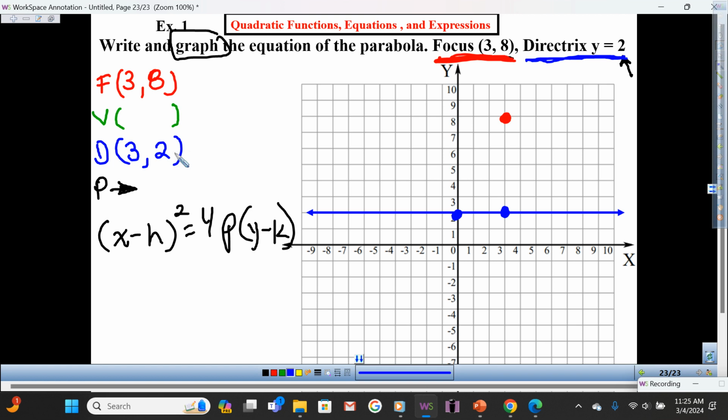Next, to get started graphing our parabola, we said the parabola starts equidistant from these two. So tell your neighbor, what would be our first point that we plot in green? Equidistant from these two. What would be that point? Tell your neighbor, please.